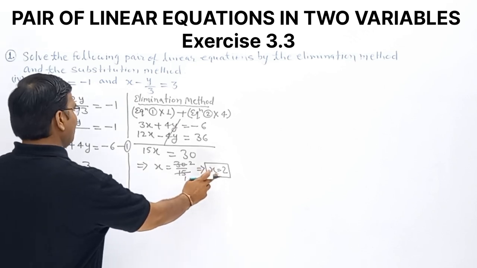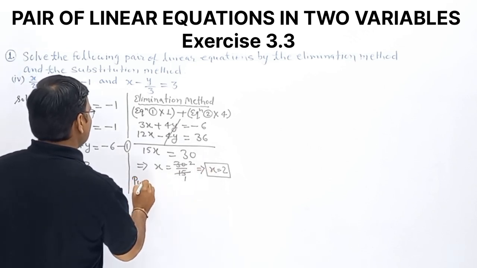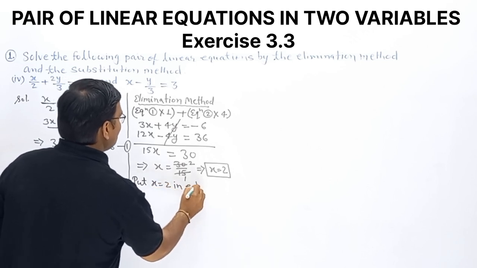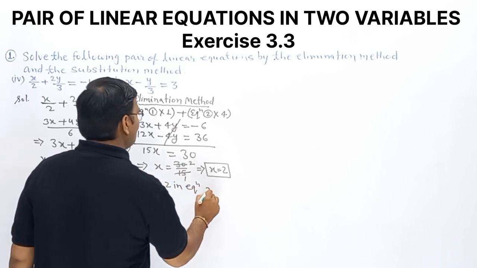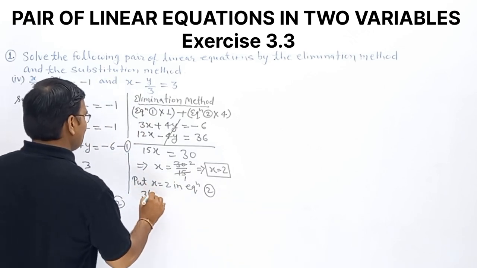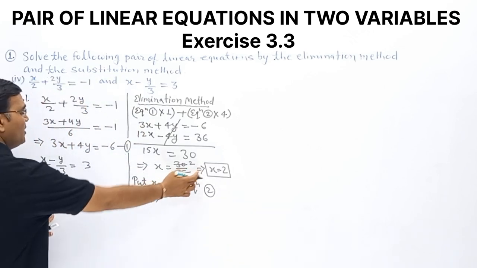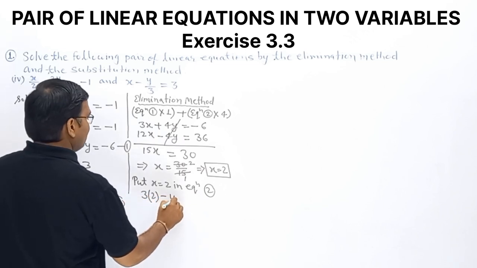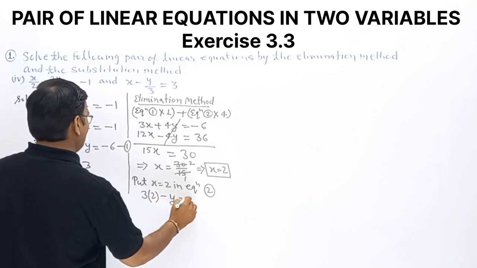So I am putting the value of x, x equal to 2, in equation 2. Then what are we getting? 3 times x, which is 2. I am putting the value of x in this equation: 3 times 2 minus y equal to 9.